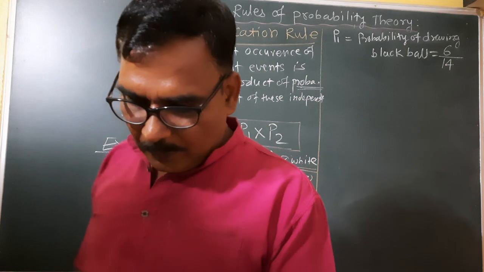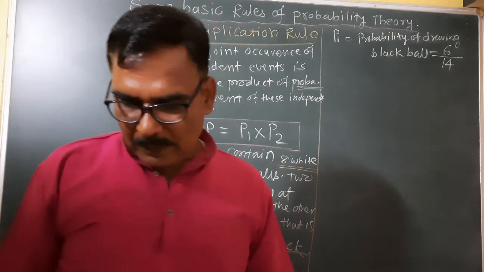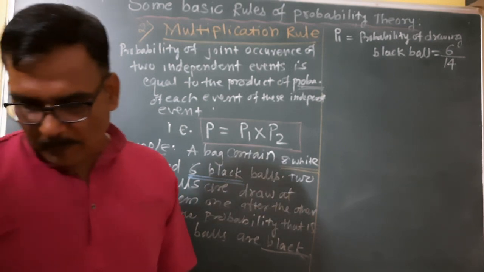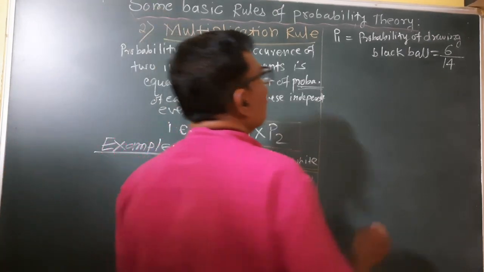This is the probability of drawing the first black ball. After that, P2 equals the probability of drawing the second black ball.